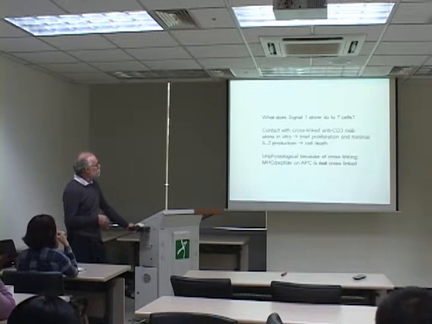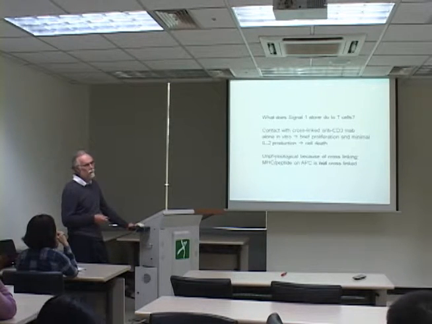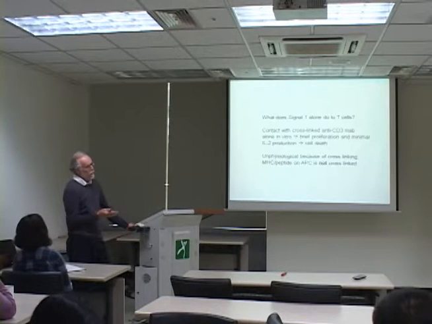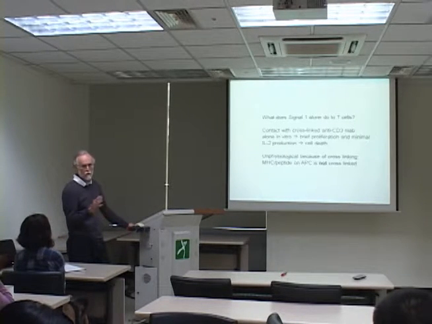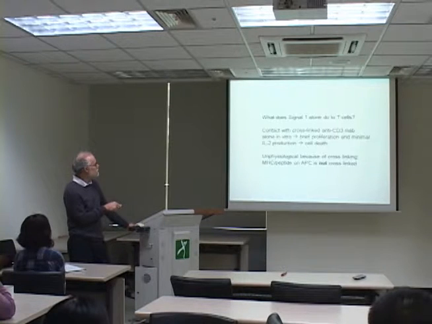Well, the usual explanation is that if you take naive T cells in tissue culture and then you expose them to an artificial TCR signal, cross-linked anti-CD3 antibody, this will make the cells divide a bit, but it's not a very efficient signal.